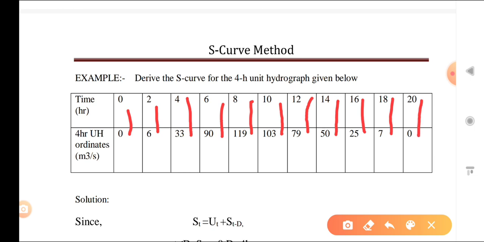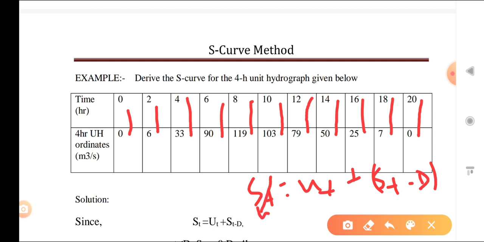Okay, same. Now what do we have to do? We have to make the tabular form. So we will follow the same procedure. S(t) is equal to U(t) plus S(t minus D). So S0 is equal to U0. What is the duration? The duration is 4 hours.